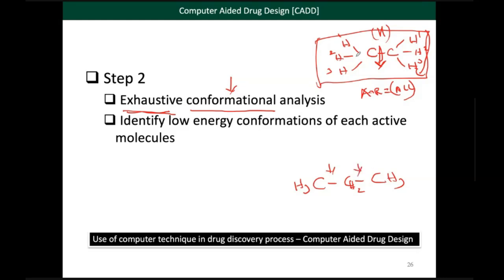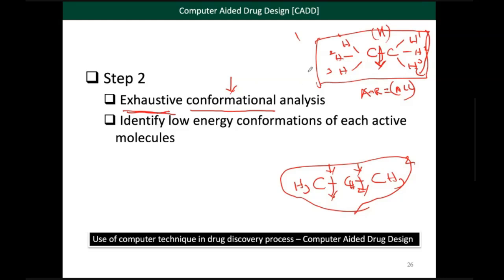In the previous case, we had only one rotatable bond. In this case, we have two rotatable bonds. We can rotate with respect to this bond and with respect to this bond simultaneously. If you generate all possible conformations with all possible rotational angles, that is what is called exhaustive conformational analysis.